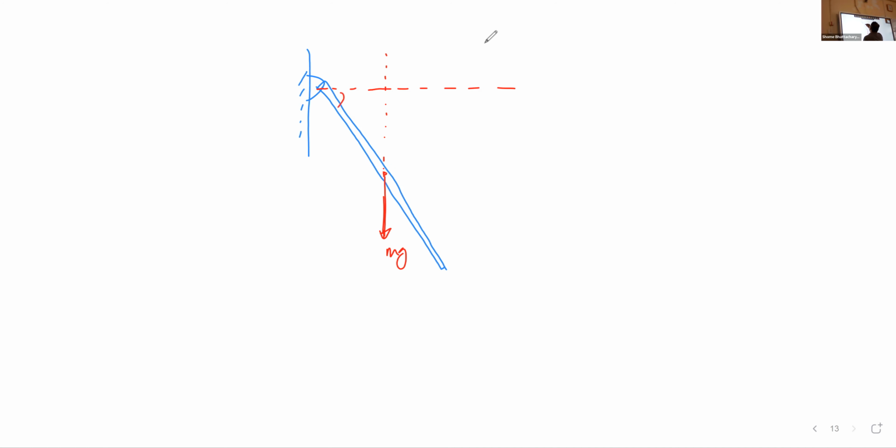And this angle was theta. So the moment arm for mg will be this. So it will be L by 2 cos theta. That will be the moment arm, right? So mg is creating a torque.